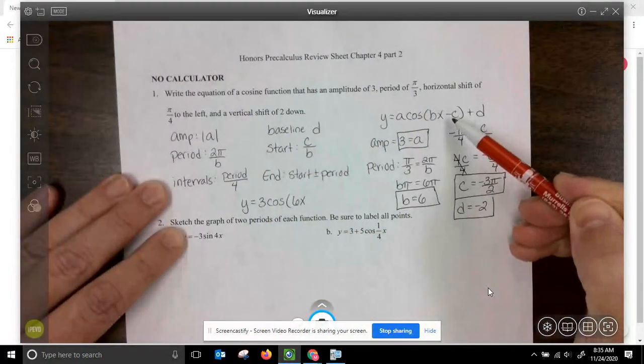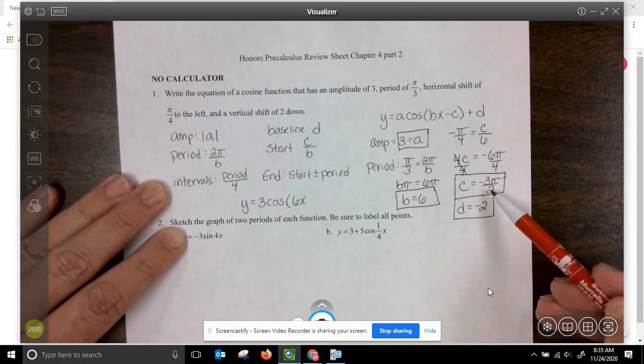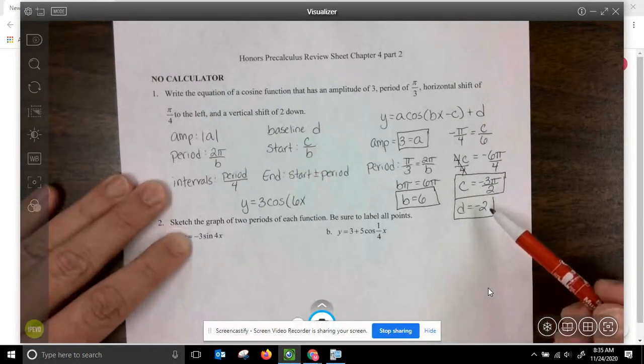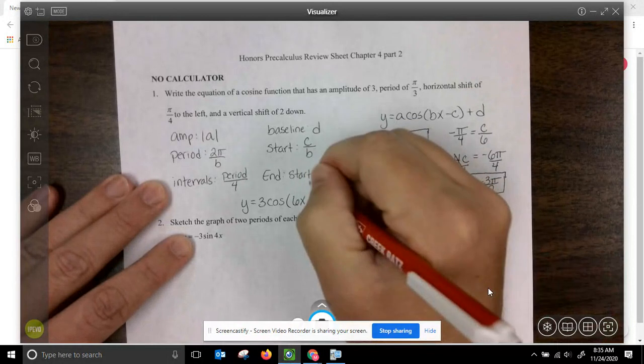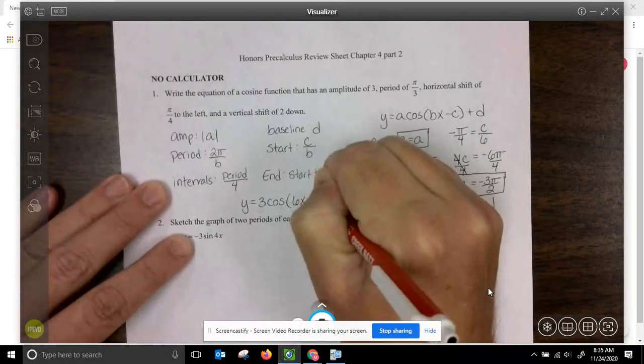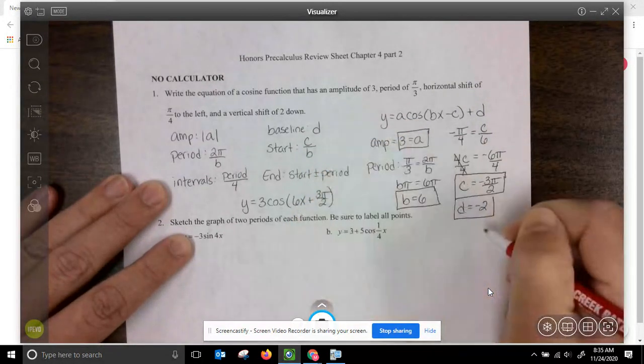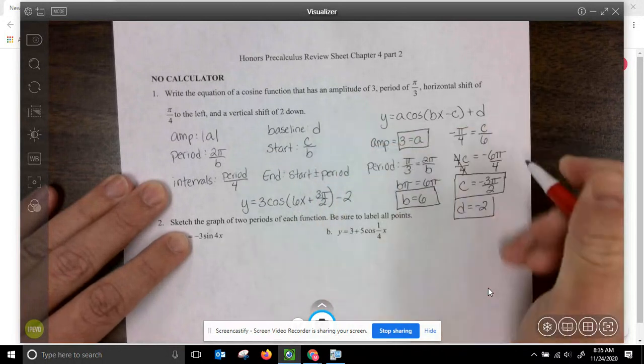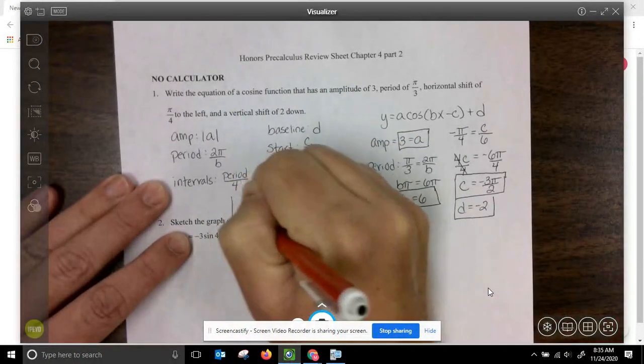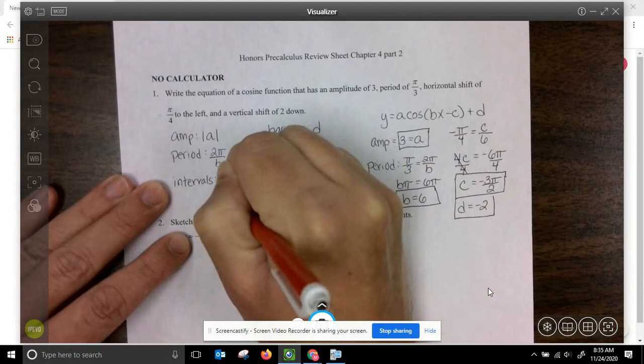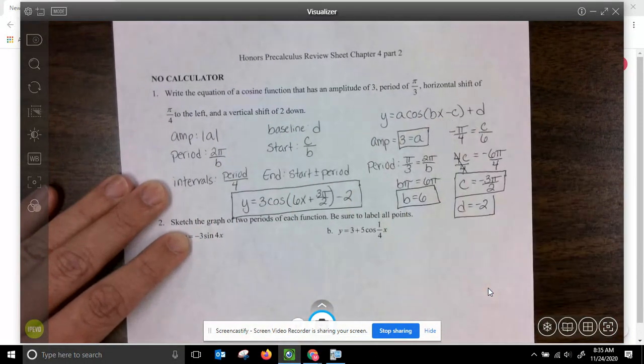Now do be careful that our standard form has a negative here, and our c is also negative. So if you subtract a negative, it becomes a positive. So this will be plus 3 pi over 2, and then our d, all minus 2. So there is our cosine function.